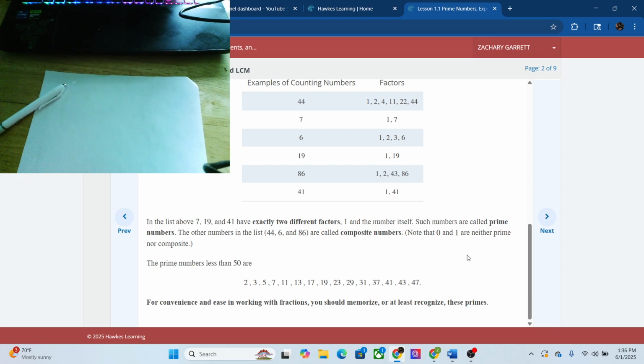Another example of a prime number is 3. 31 is also a prime number because it's only divisible by 1 and itself. Prime numbers less than 50 are 2, 3, 5, 7, 11, 13, 17, 19, 23, 29, 31, 37, 41, 43, and 47.